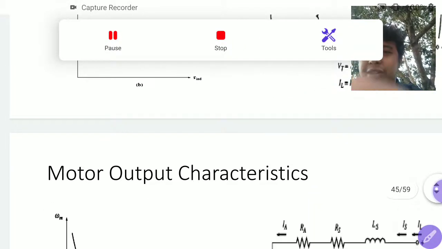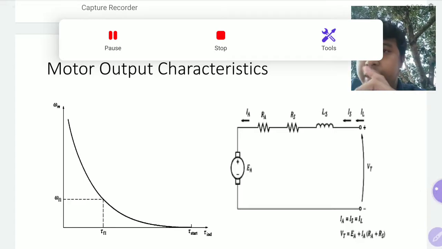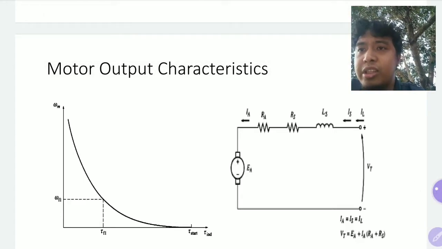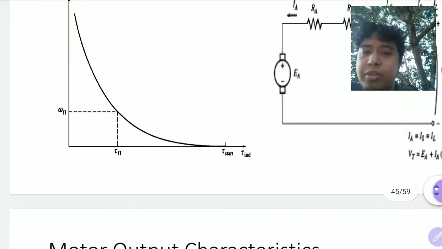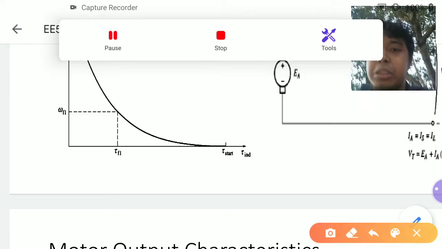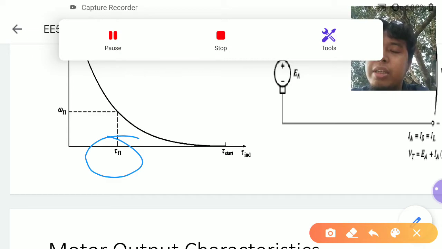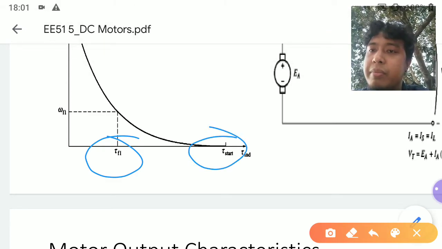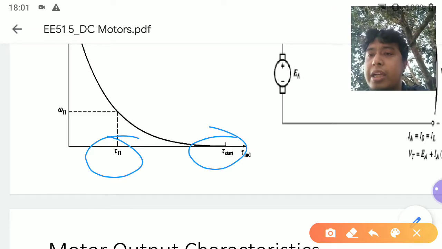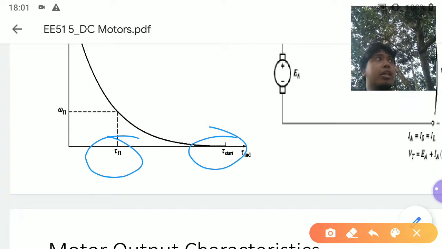Now this is for series motors. What's interesting here is that the torque at full load is this one, and you have a greater torque for starting the machine.